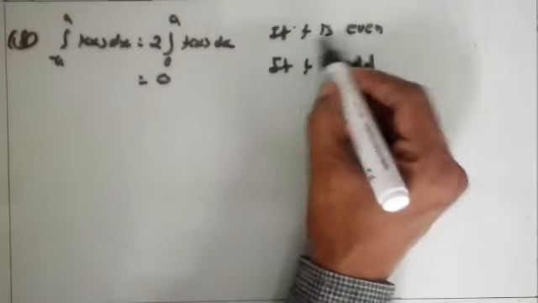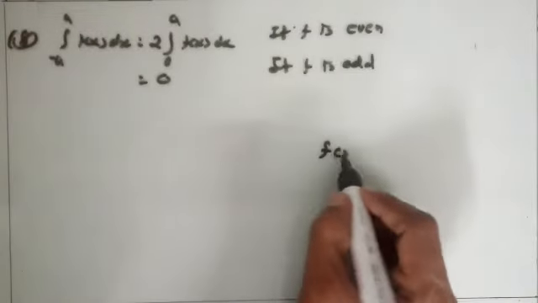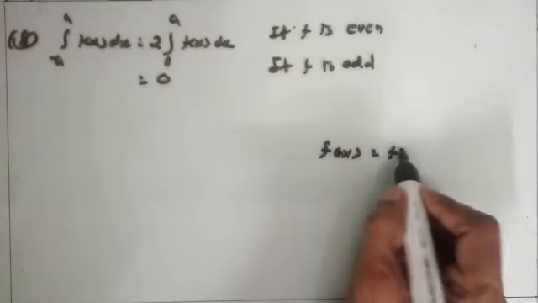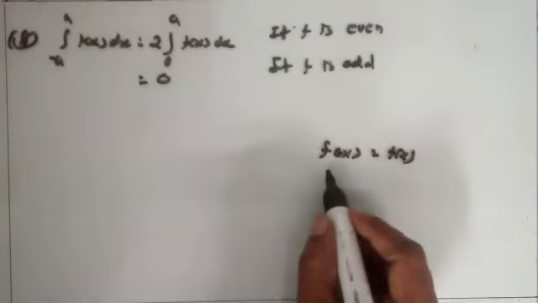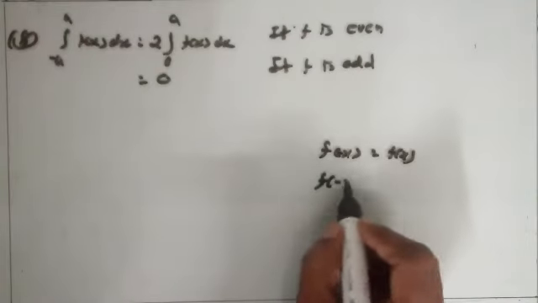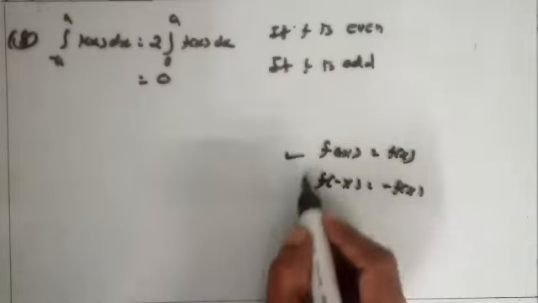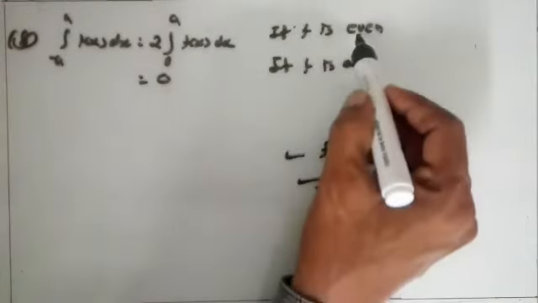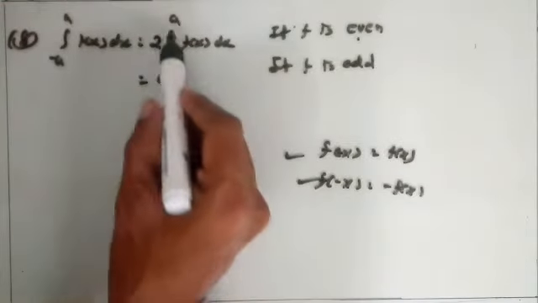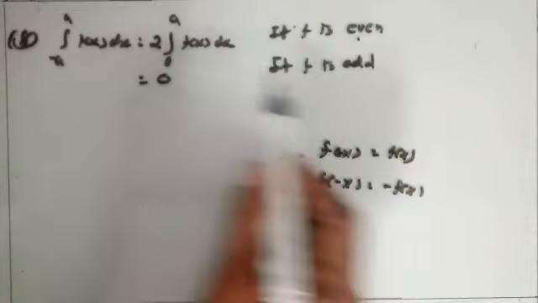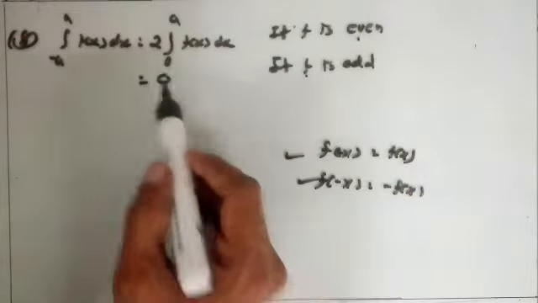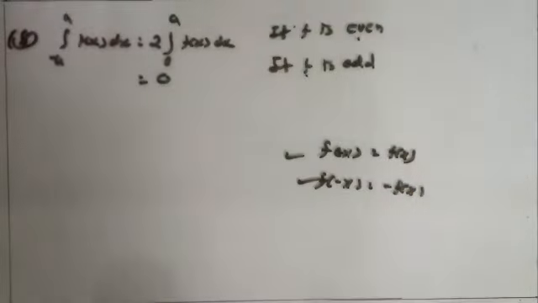You know that if f is even, then f(minus x) is equal to f(x), and if f is odd, then f(minus x) is equal to minus f(x). So remember this, if a function is even, then 2 times 0 to a f(x) dx, and if f is odd, then it becomes 0.